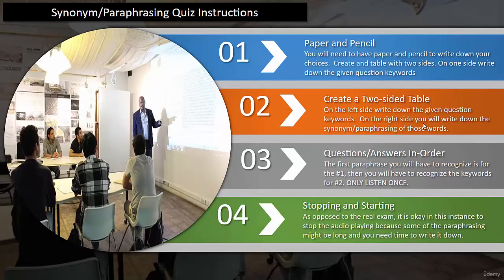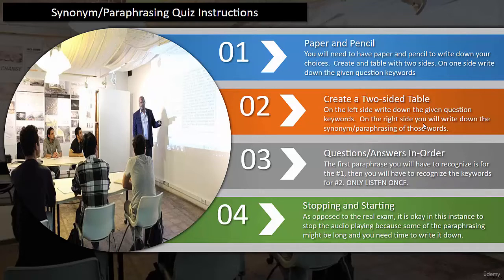All right, so really quickly on the instructions, you want to have paper and pencil in front of you because you need to create a two-sided table. On one side, you're going to put the question keywords, and on the right side, you're going to put the paraphrasing or synonym of those question keywords.